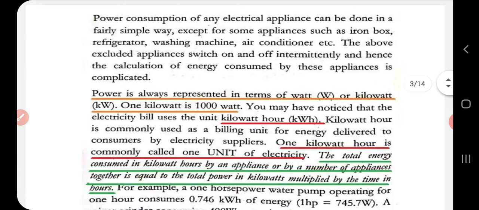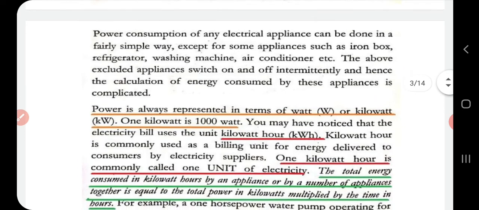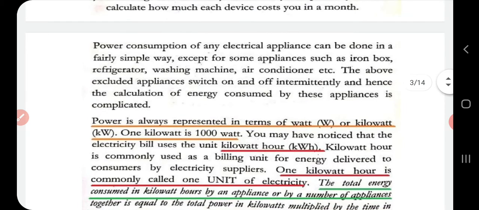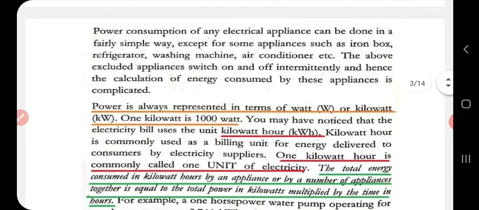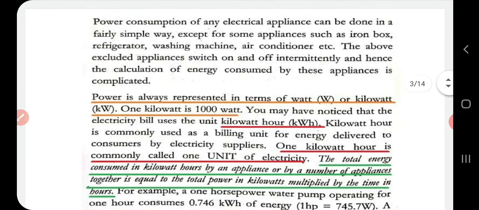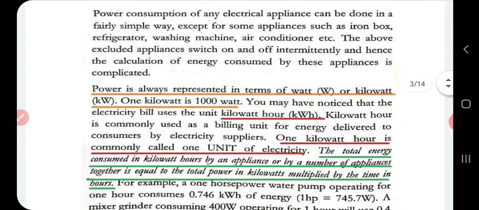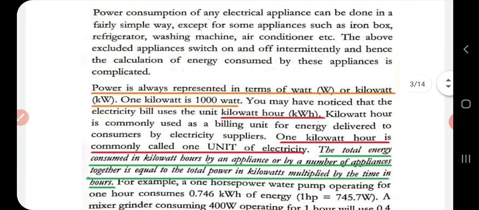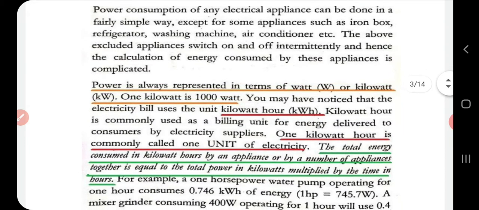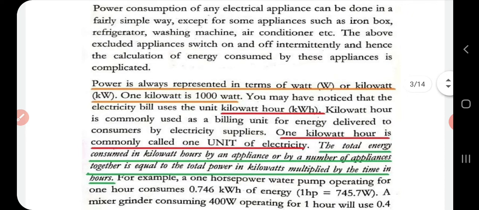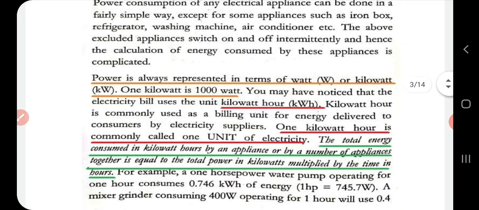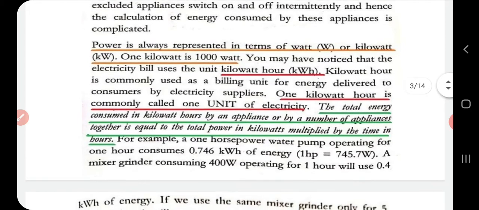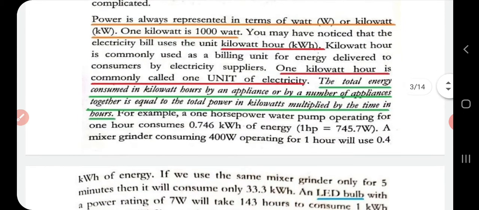That is, for certain devices, you can calculate the energy or power consumed by using the steps mentioned above, but for equipment like refrigerators, they switch on and off intermittently. That is, in between they will switch off and then automatically start again. So it is very difficult to determine the energy consumption of such devices because they are switching on and off intermittently. Their energy consumption is difficult to predict.